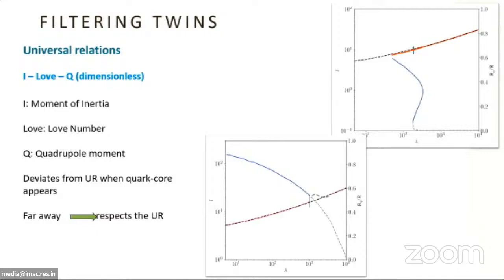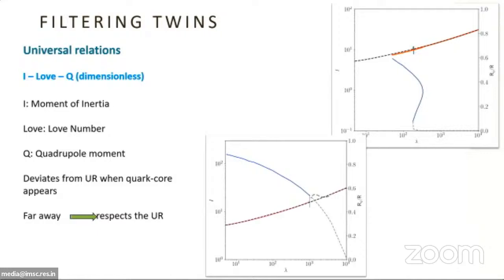However, for twins, when it goes to the other branch, this universal relation starts to break. It is clearer in the third category of twin. These are normal smooth equations of state, and they follow a very universal relation.